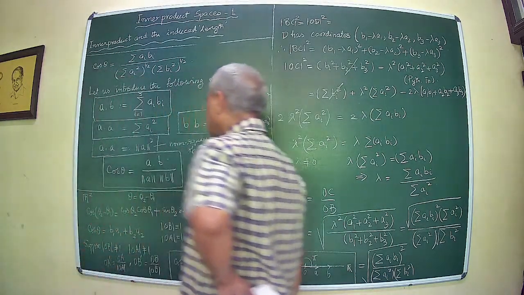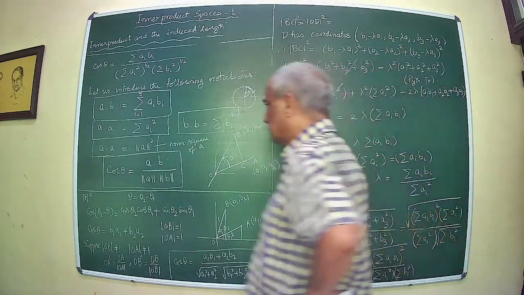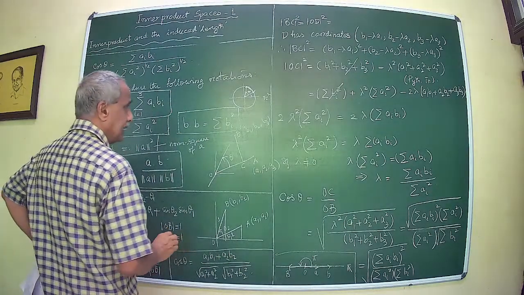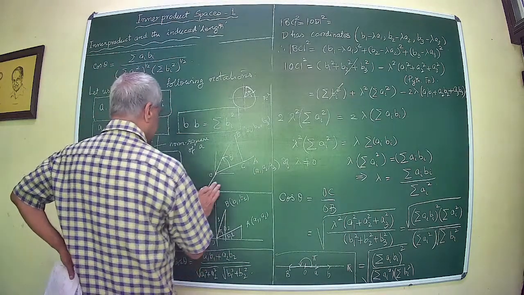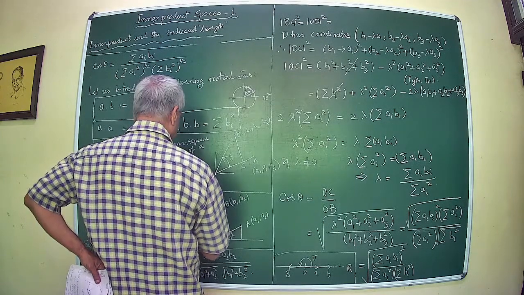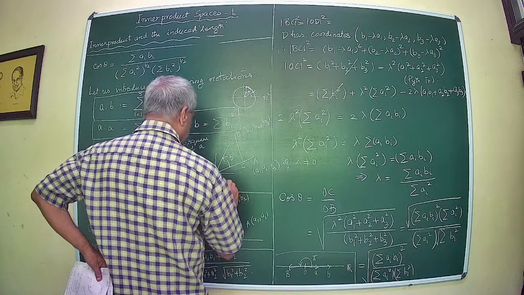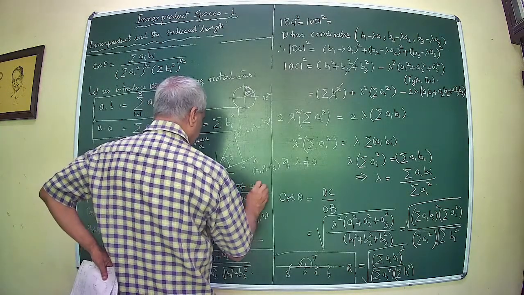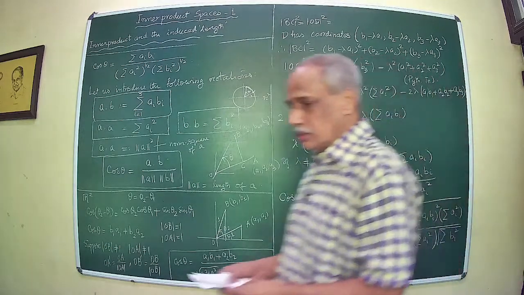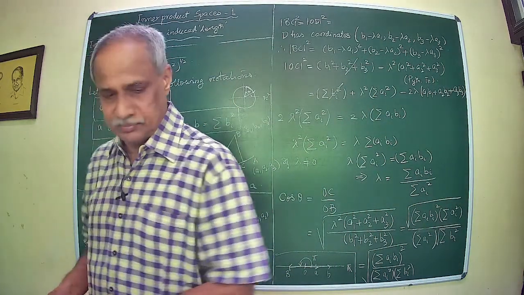Square of the norm of A, that is the length of A. So that gives justification for calling it an angle.